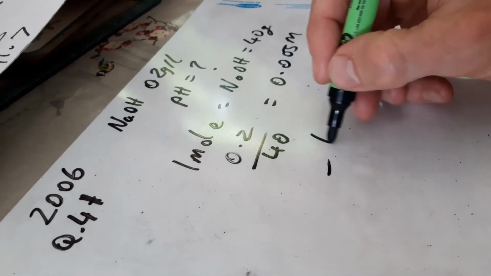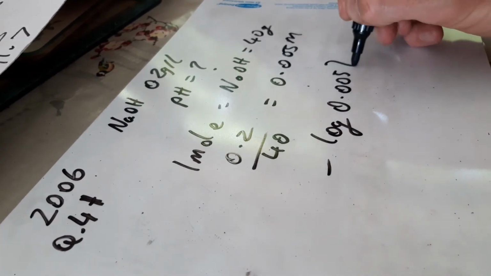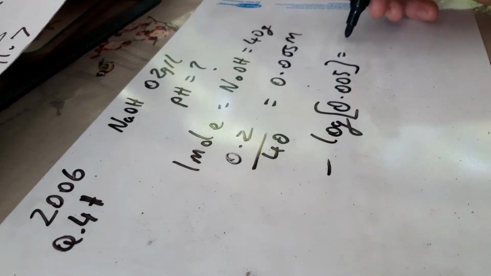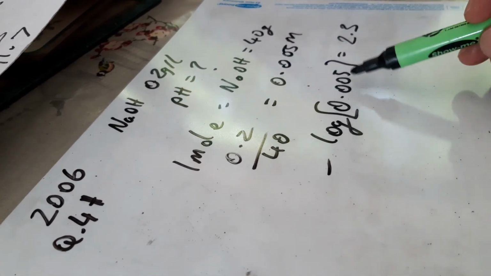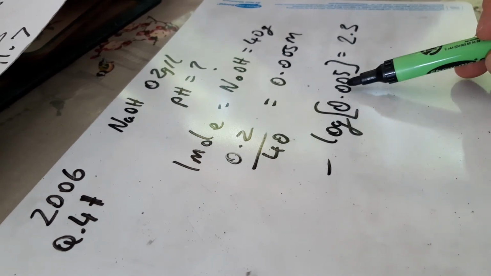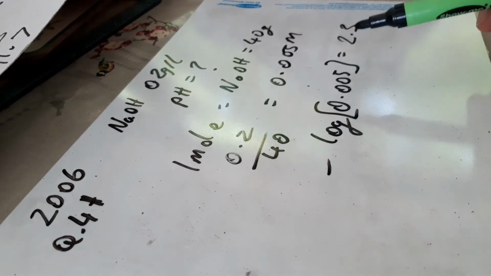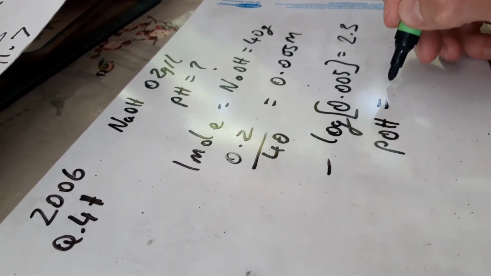So I'm going to get minus the log of 0.005. I put these in square brackets because they're concentrations. Put that into my calculator, and when I do, I get 2.3. You can try that yourself. Minus the log of 0.005 is equal to 2.3. This is the concentration of OH minus ions in solution in this base, so the pOH of this solution is equal to 2.3.